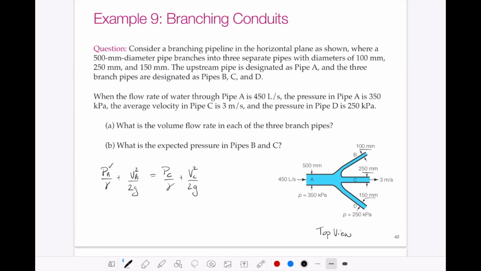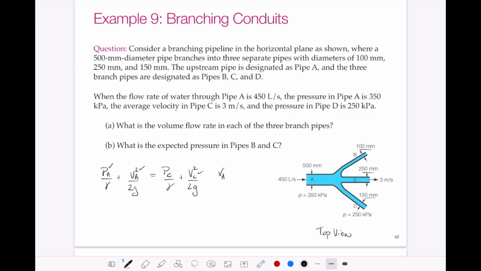So we know the pressure at A, we know the velocity at A, and we know the velocity at C. So we can solve for the pressure at point C.